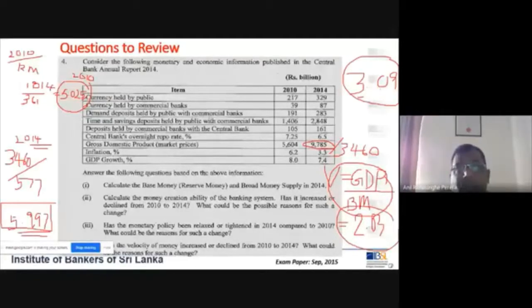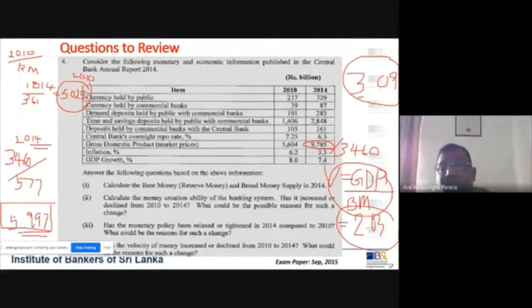If you look at the actual position in some countries, like advanced countries, we see their velocity levels have come down over time. That is due to development in payment technologies. They are not using money for transactions.